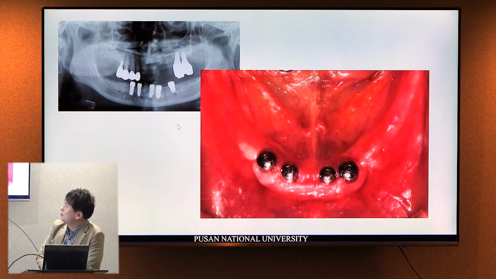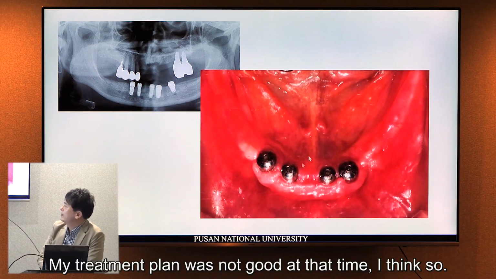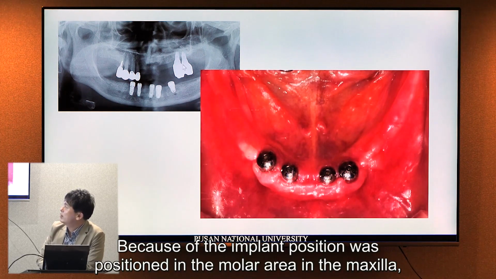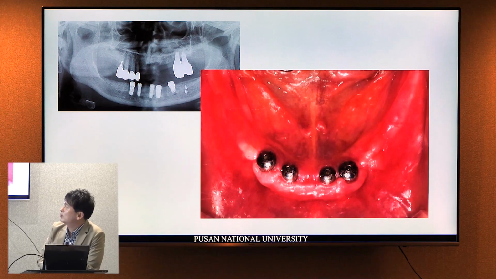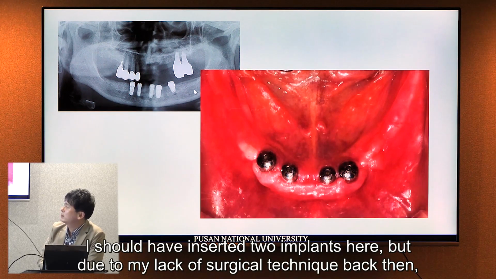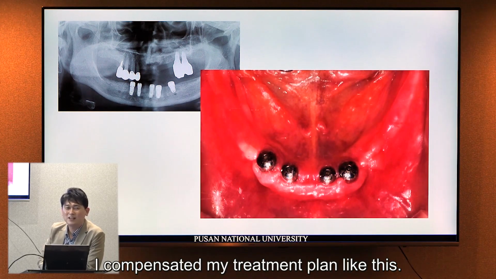So my treatment plan was not good at that time, I think. Because the implant was positioned in the molar part in the maxilla, I had better insert these 2 implants in this part. But because of my lack of surgical technique, I compromised my treatment plan like this.